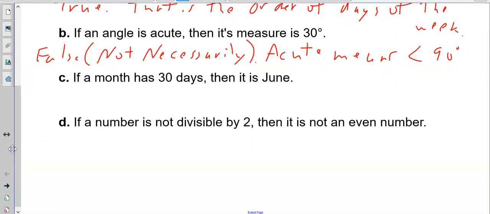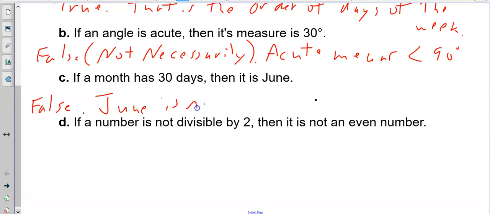If a month has 30 days, then it is June. All right, so this is like the previous one. It is false. Okay, I'm not going to say not necessarily, but it's the same concept because June does have 30 days. But why is it false?